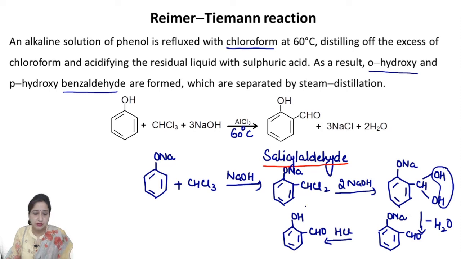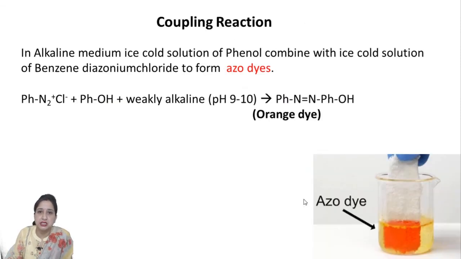So this is your salicylaldehyde. Next type of reaction is the coupling reaction of phenol. If we treat an ice cold solution of phenol with an ice cold solution of benzene diazonium chloride, and the reaction conditions are weakly alkaline, then we get a colored compound, which is orange in this particular case, and azo dyes are formed as the main product.